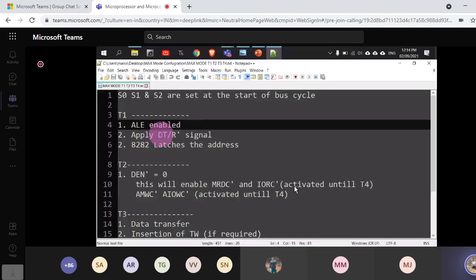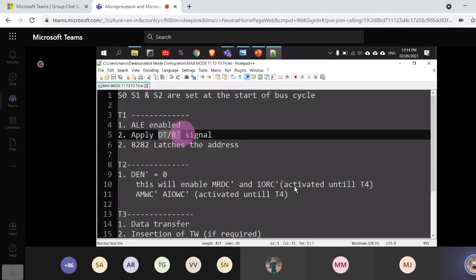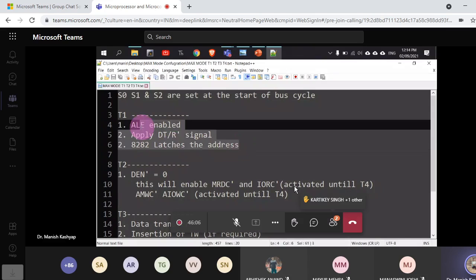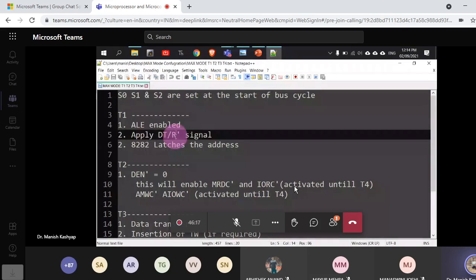Similarly, the DT/R signal is applied to the IC, and the 8288 latches the address. So this T1 state is again going to operate with the addresses only, but the signals that we are dealing with come from the bus controller IC, right?